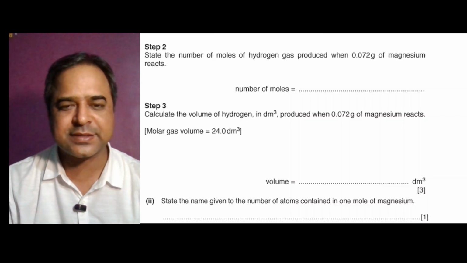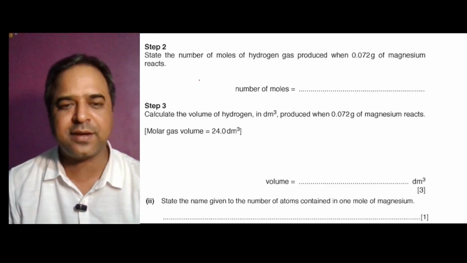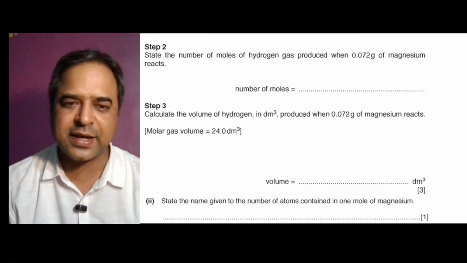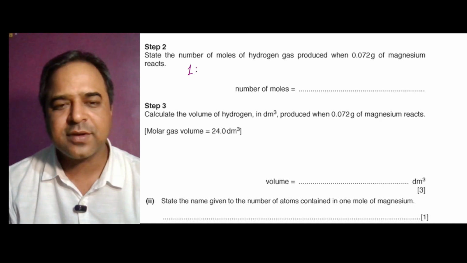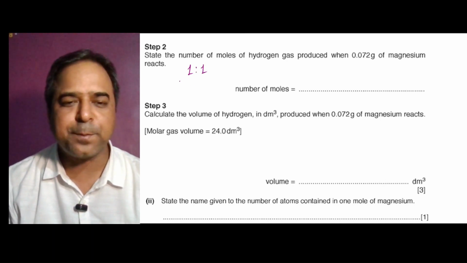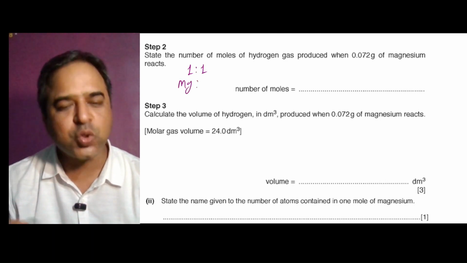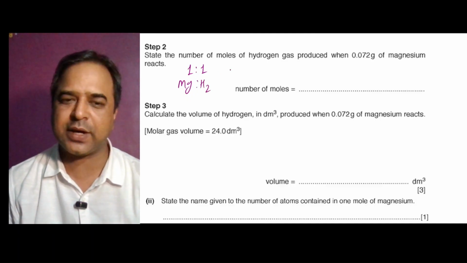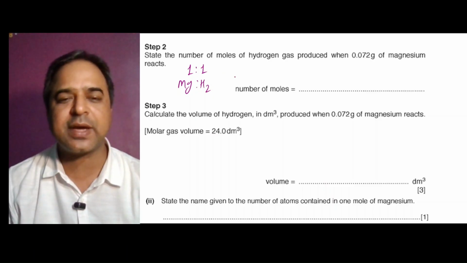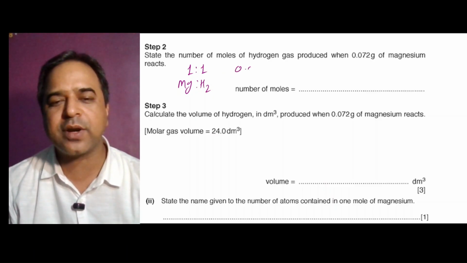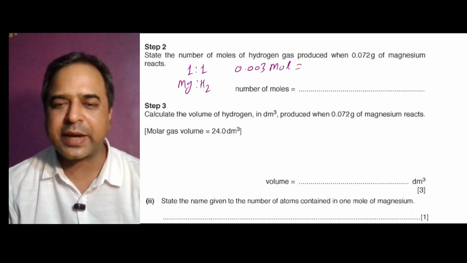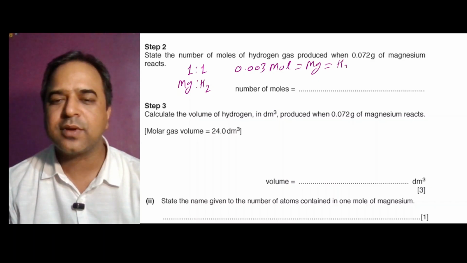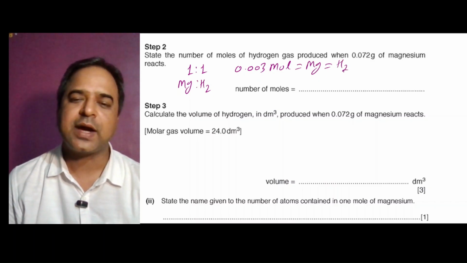We have already discussed that in the previous slide, but again, just for your understanding, since the ratio of magnesium used and hydrogen produced is 1:1, and magnesium is 0.003 mole, that is going to be equal to the number of moles of hydrogen.